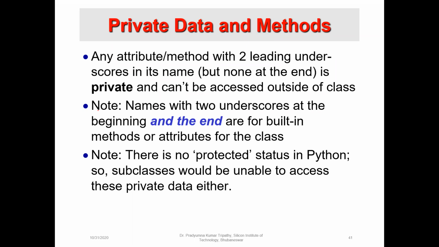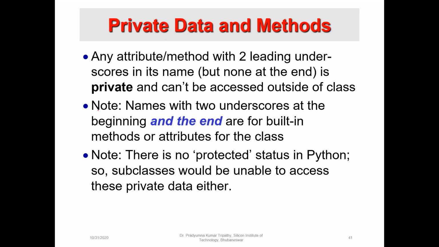So subclasses would be unable to access those private data. Once you declare something private, it cannot be accessed by the subclasses. But in C++, if you want to inherit some of the private members into the subclass, you put them in protected. Protected is the same as private, but it can be inherited.